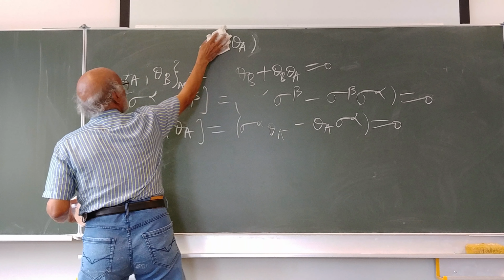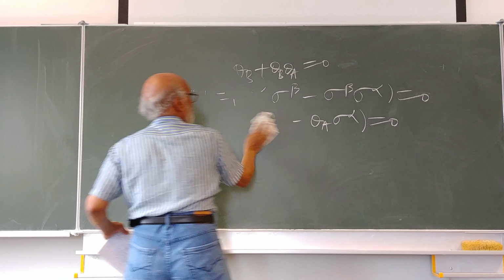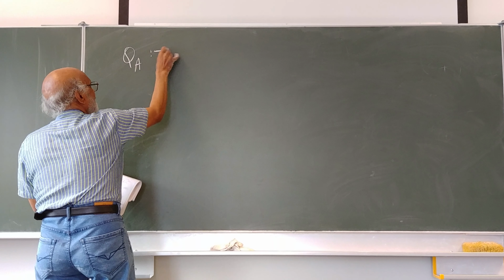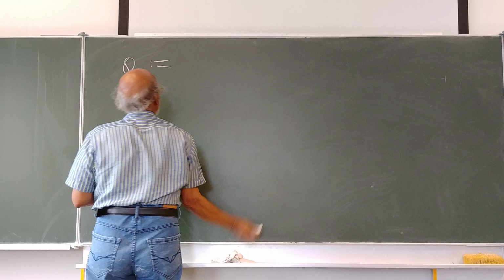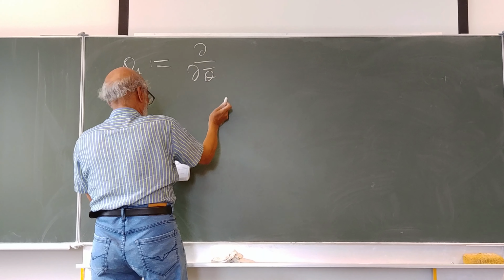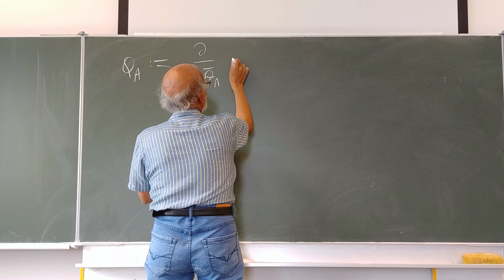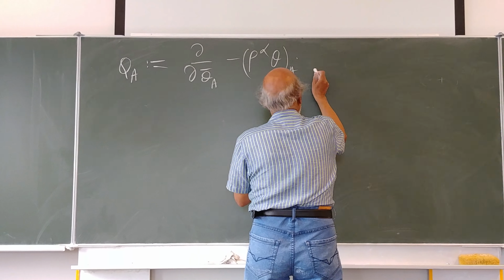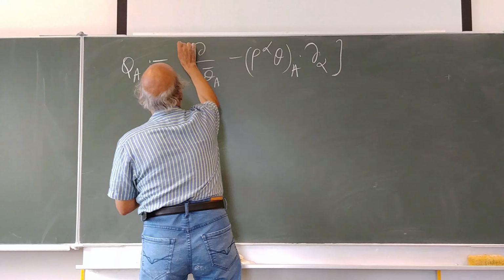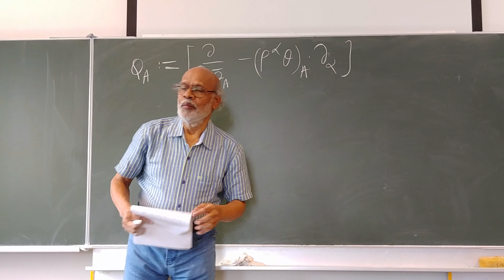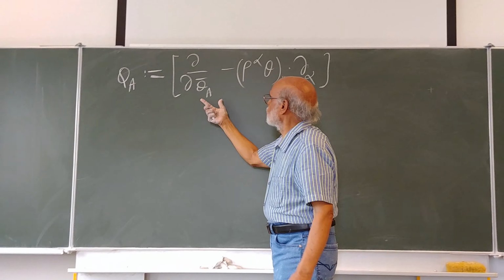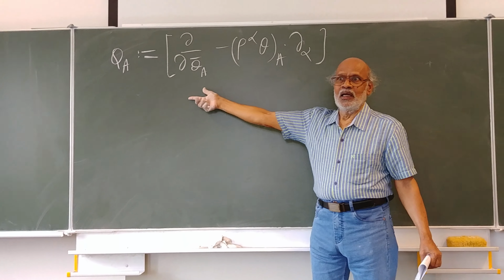We define an object denoted by capital Q A in terms of these theta variables, and our old matrices, the gamma matrices that we had in the RNS superstring theory. They are the same standard, I think 0, minus 1, 1, 0, and something like this. Rho 0 and rho 1 stay the same. They are the rho matrices of the RNS superstring, whatever we had. So we keep the same notation.